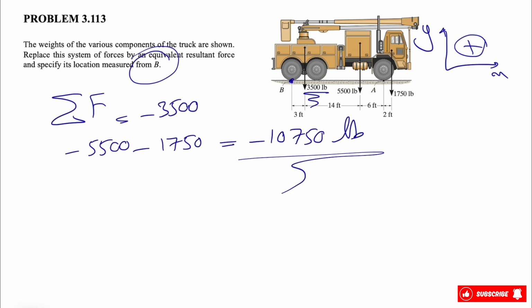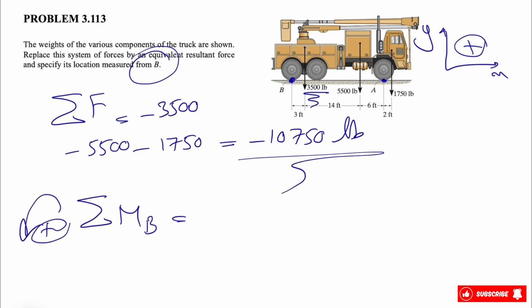We can go with either point B or point A, because that one single force will make the same moment about B and the same moment about point A. Instead of three forces, we have one single force that applies the same moment about any point, and it represents all the forces that we have. So we found the force, and we can go with the moment about either point A or B.